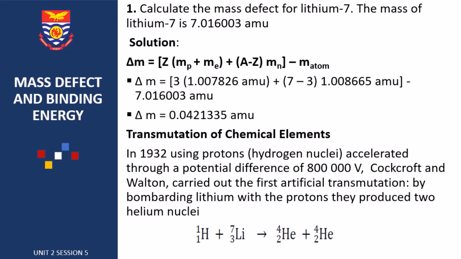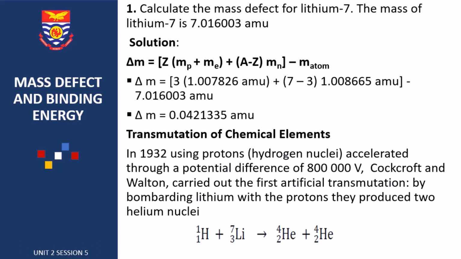Let us look at this example here, which says calculate the mass defect for lithium-7. The mass of lithium-7 is given as 7.01603 atomic mass units. So in doing this calculation, we need to quote the equation for calculating the mass defect of a nucleus. Now all the parameters that we need have been provided.